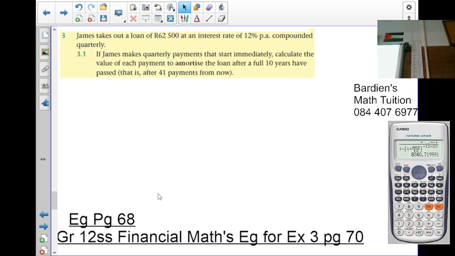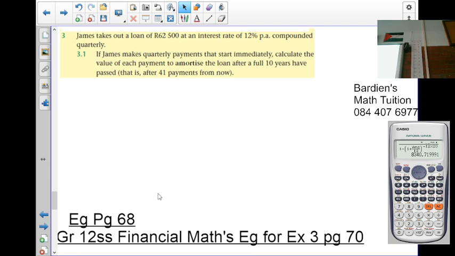There's a difference here. What happens is, if somebody takes out a loan and starts paying 1 month later, that means the person is going to incur interest on that loan for 1 month. However, if he starts payment immediately, so he takes out the loan and makes a payment, then that loan amount minus that first installment won't bear any interest.